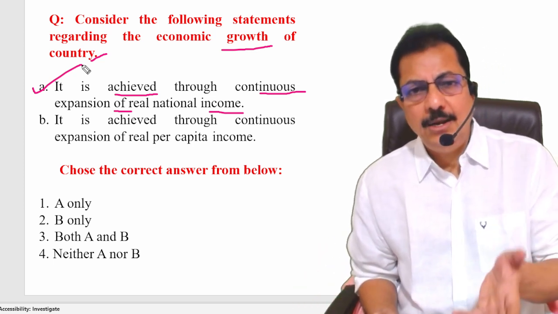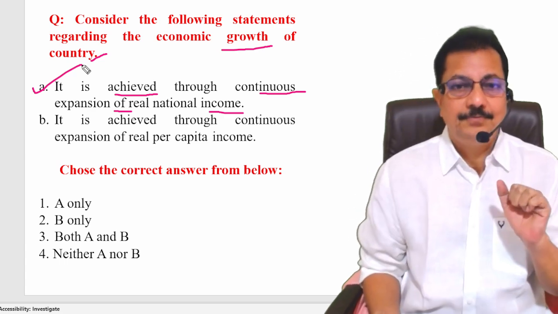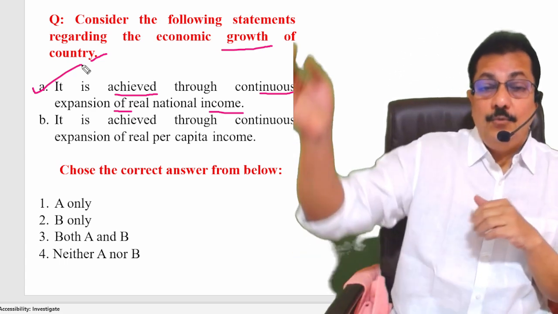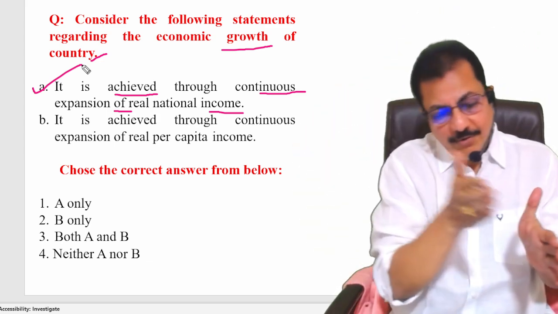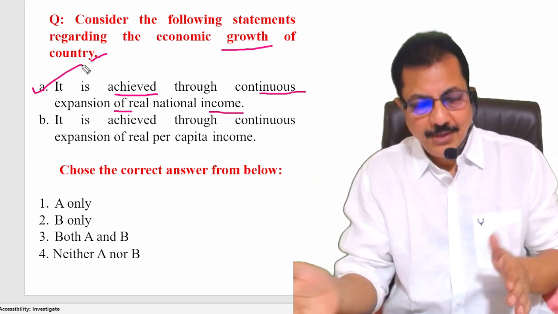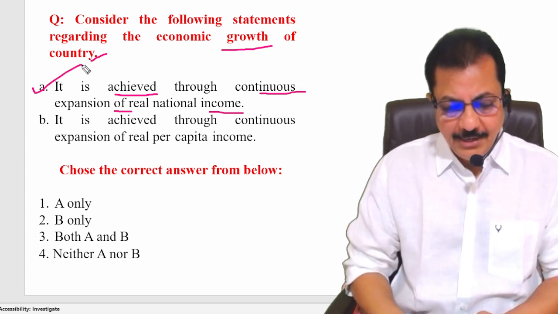What is real, what is nominal, we have already discussed in the earlier class. That is the reason why we have discussed national income first, so that whatever we read in the later classes will become very easy for you to understand. Am I clear? So statement A is correct, right?